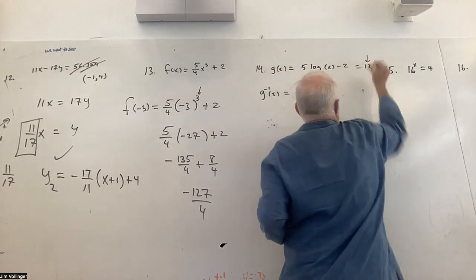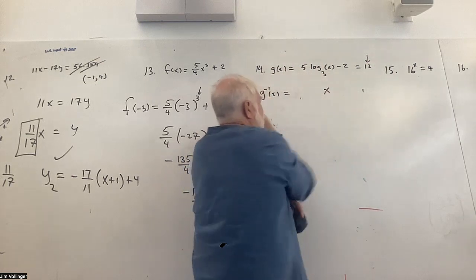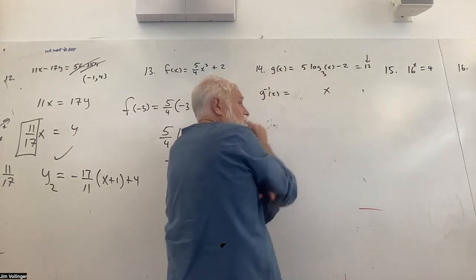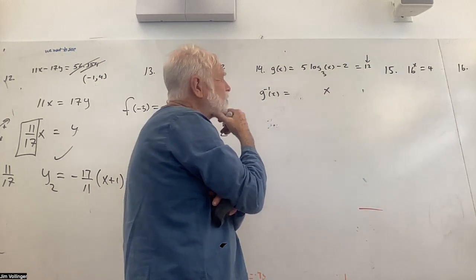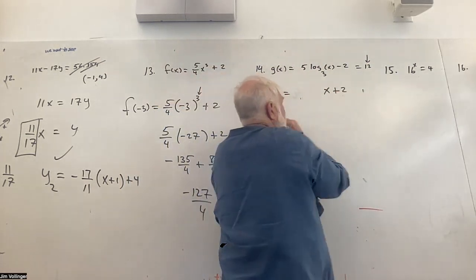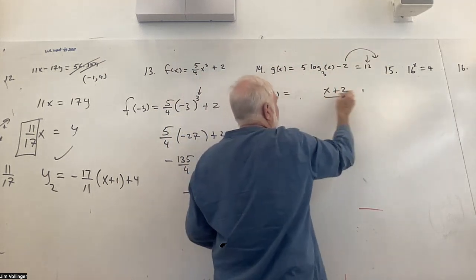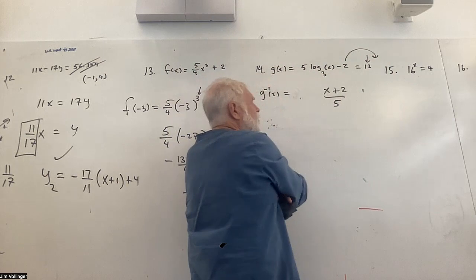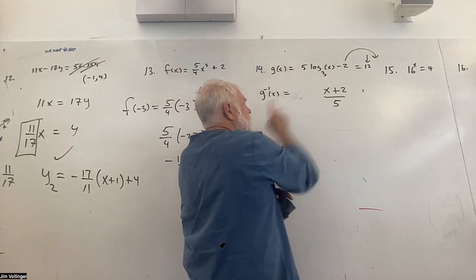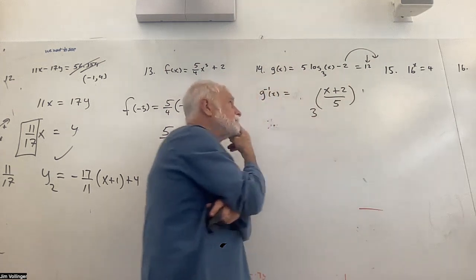Okay, let's let 12 be represented by the letter x, because this is going to be a function we put into a calculator. So how would I solve that? Well, minus 2 would become plus 2 on the other side, right? You'd be moving that over. You'd be dividing by 5. And logs are the inverse of exponentiation, and the base in this problem is 3. So that should be my inverse.